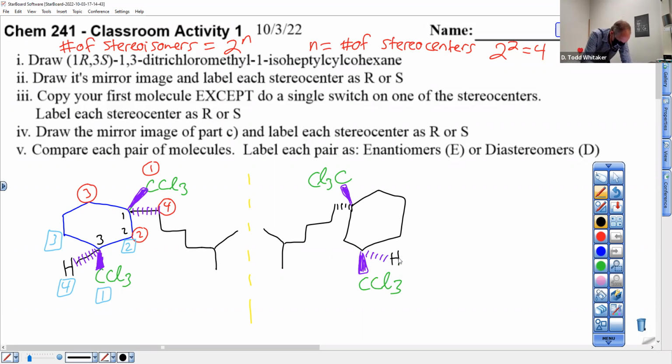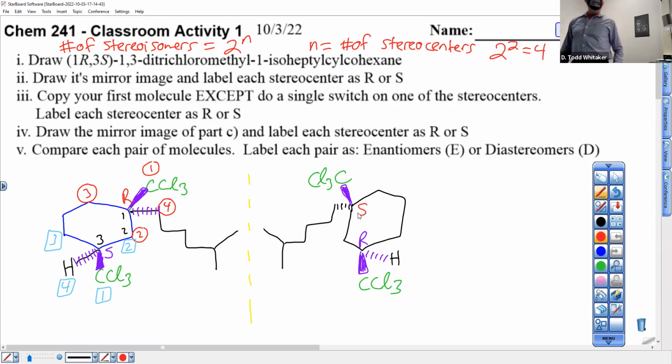And I want to remind you the stereocenter 1 was R, and the stereocenter 3 was S. Guess what the mirror image of the purple S is? Guess what the mirror image of any S is? R. What's the mirror image of the red R? S. Congratulations.